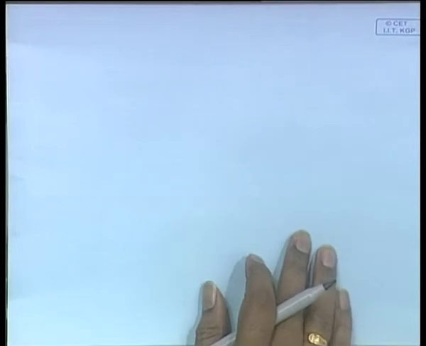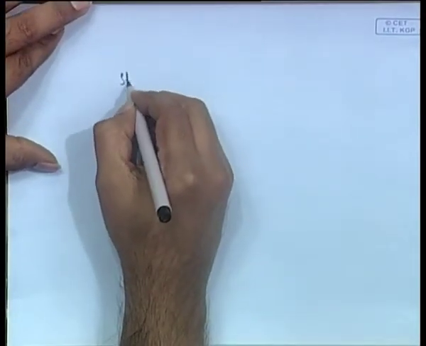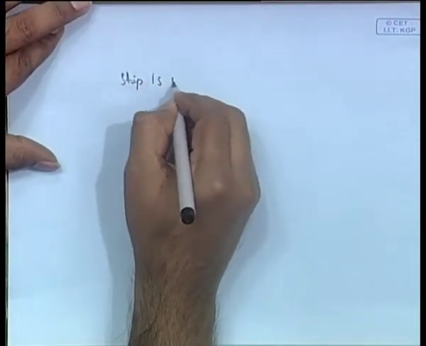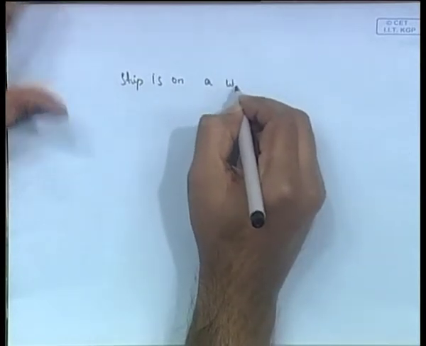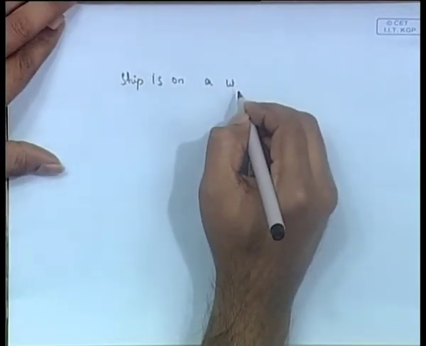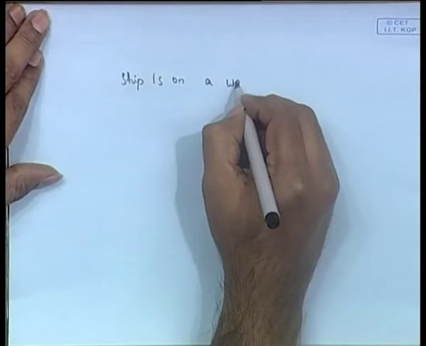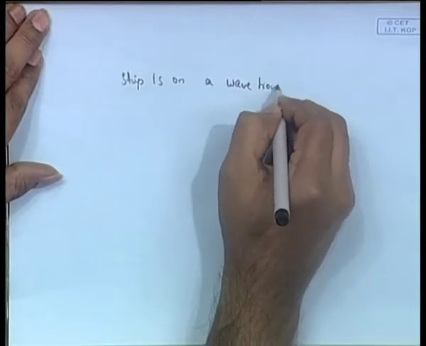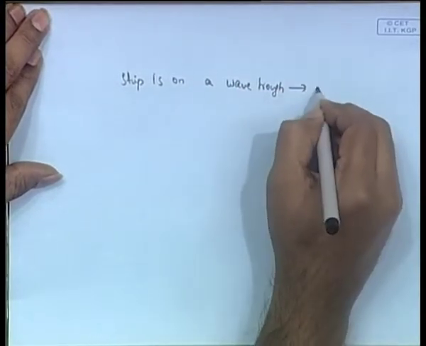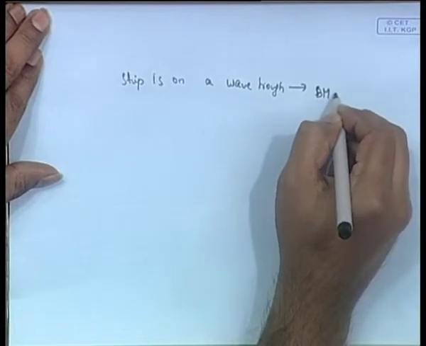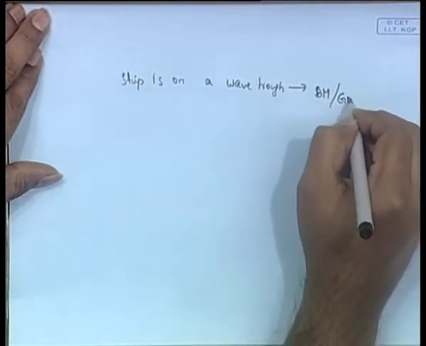So, what we see is that when the ship is on a wave trough, this is what we mean by a sagging wave. Ship is on a wave trough, stability, BM and hence GM increases.